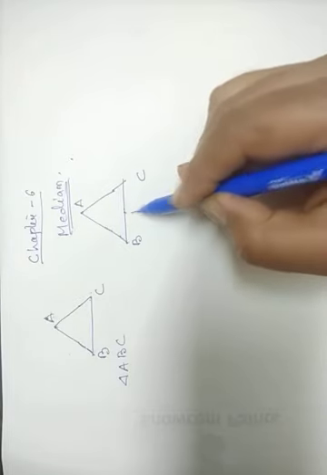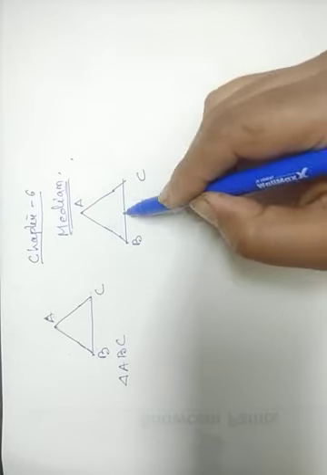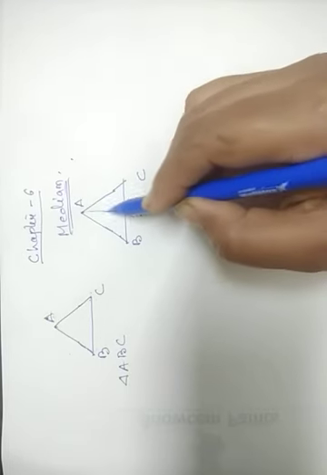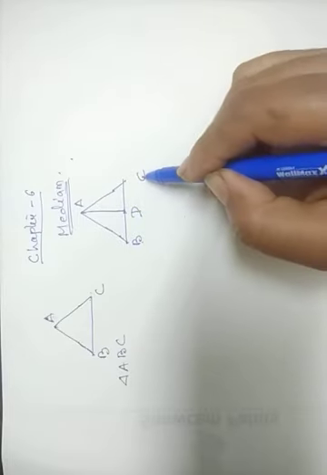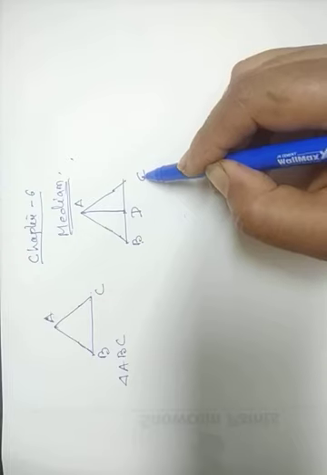Say it is D. D is the midpoint and you join A and D. Now this D divides the line segment BC into two equal parts.